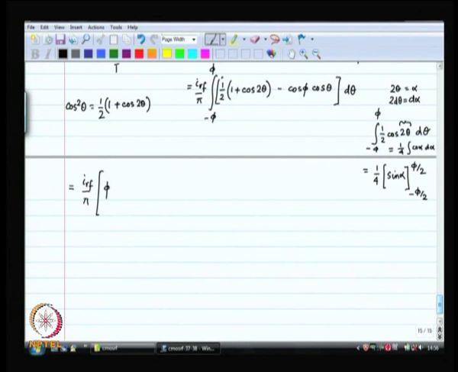All right. So, this is the second integral.